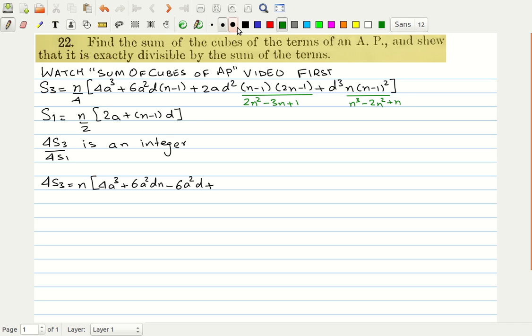So once we know these two things, we know that 2ad square times 2n square is going to be 4 a d square n square, right? This is going to be minus 6 a d square n, right? And this is going to be plus 2ad square.